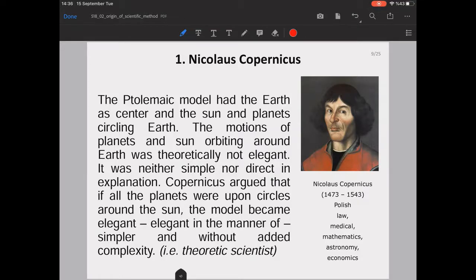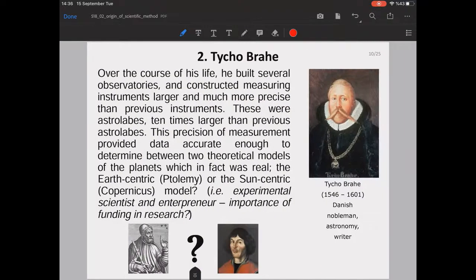It could be simpler and without added complexity to explain this phenomenon. You can say that it corresponds to maybe Occam's razor, going for the simpler explanation. You can say that it is the approach of a theoretical scientist here.